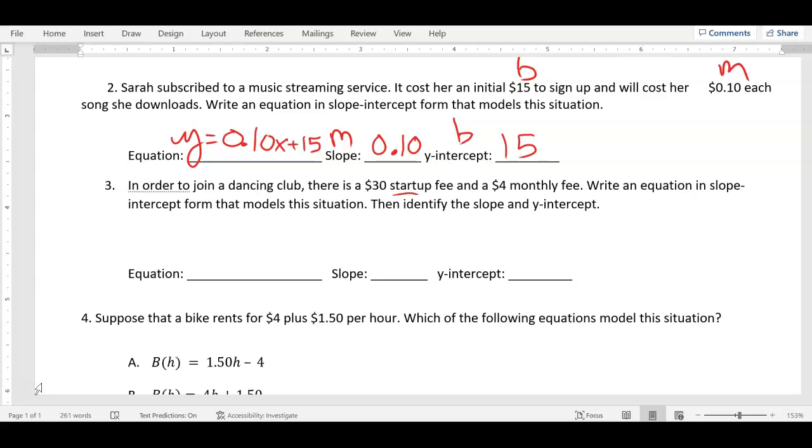Those are all great words for B, my y-intercept. And then monthly fee happens every month, which is a changing amount. That's my slope. So I'm going to put my M slope here for $4, my B y-intercept here for $30. And now I can write it as mx plus b. So y equals 4x plus 30.